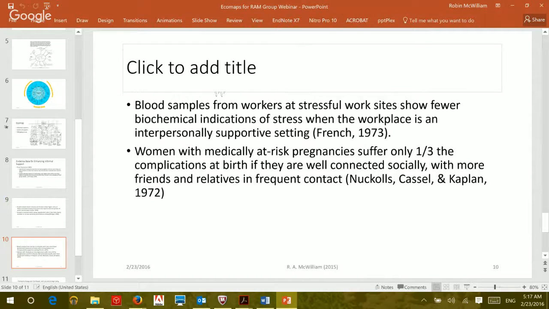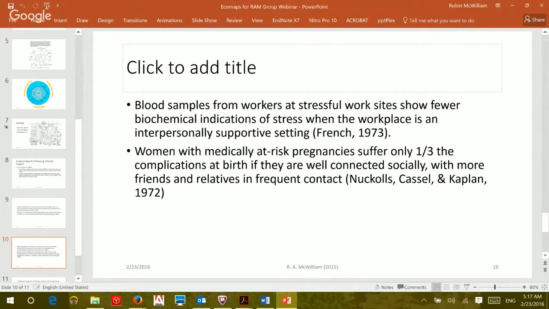French in 1973 found that blood samples from workers at stressful work sites showed fewer biochemical indications of stress when the workplace was an interpersonally supportive setting. Knuckles et al. showed that women with medically at-risk pregnancies suffer only a third the complications at birth if they are well connected socially, with more friends and relatives in frequent contact.